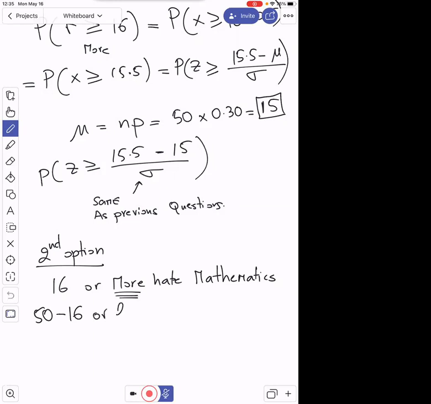The opposite of liking mathematics, of course, is hating mathematics. Then you can use the same mu and the same Q as we had in the previous questions, right? So here the mu would be 35 and sigma just the same.